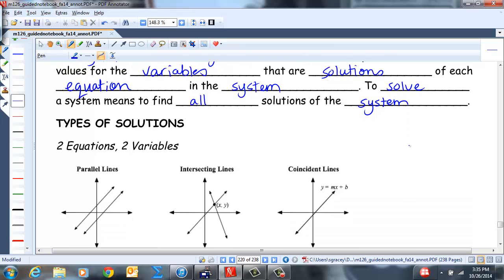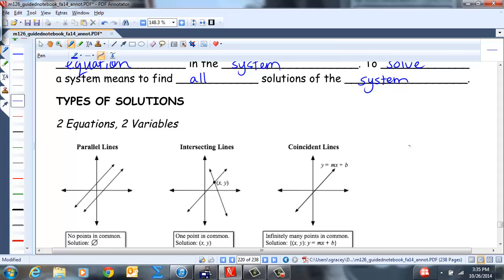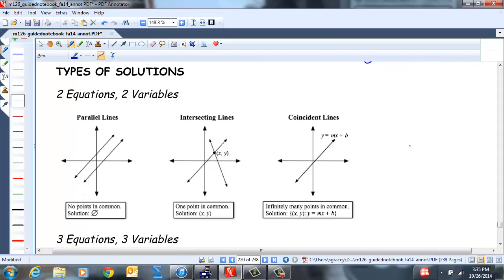So when you're dealing with two equations with two variables, these are the types of solutions that you can get. So this one here, they're parallel lines. These guys will never intersect. So your solution would be either the null set written like that, or you could do empty set brackets.